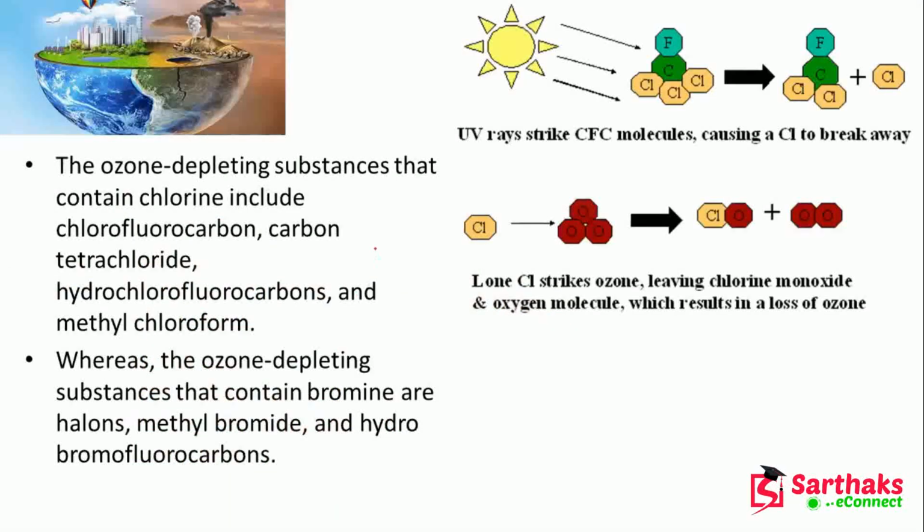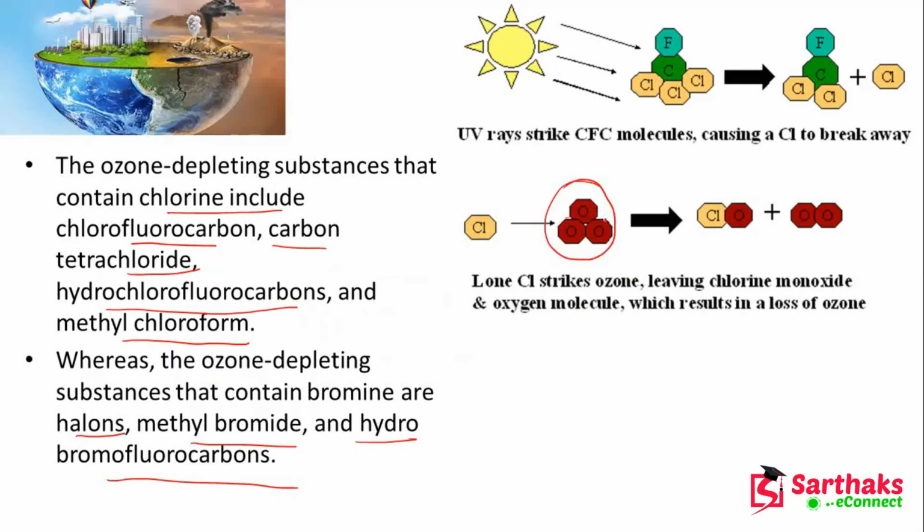Now the ozone depleting substances that contain chlorine include the chlorofluorocarbons, carbon tetrachloride, hydrochlorofluorocarbons, and methyl chloroform, whereas those that contain bromine are halons, methyl bromide, and hydrobromofluorocarbons. And already we know that one chlorine striking the O3 leaves chlorine monoxide and oxygen molecules, which results in a loss of ozone.